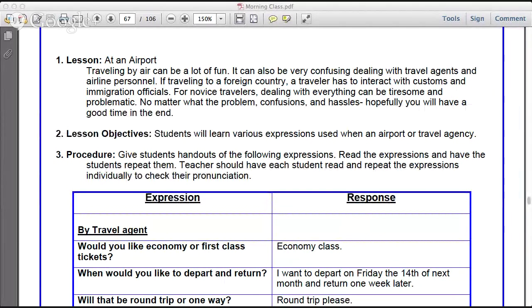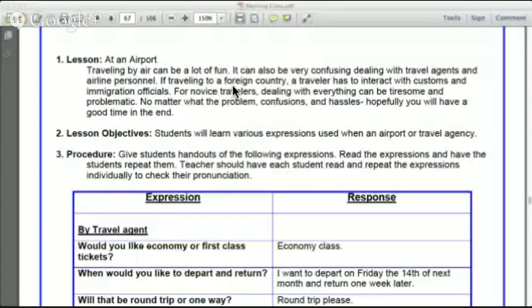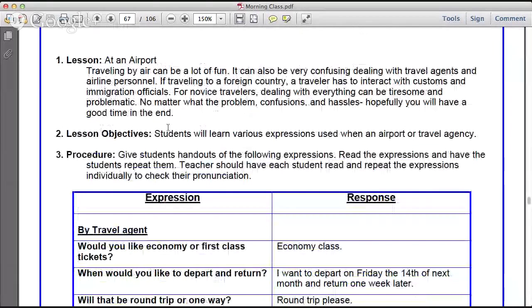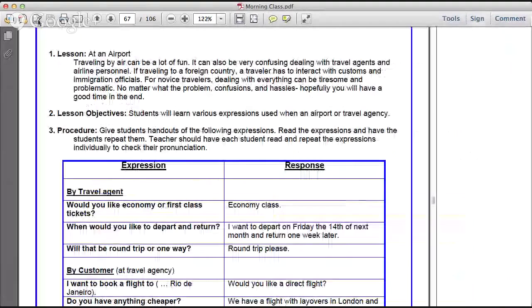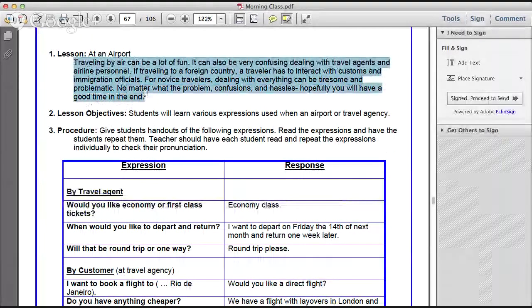This is chapter 18 or page 67, where we'll be talking about being in an airport. Okay, very nice. Let's go to this paragraph first. Let me get my writer out so I can type right on the page. Let's take a look at our introductory paragraph.